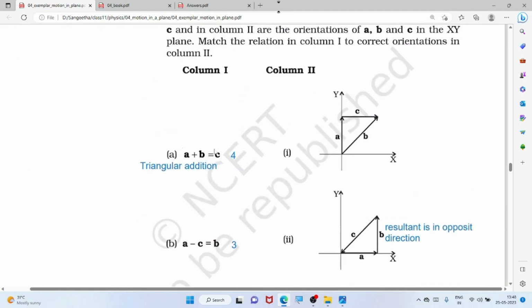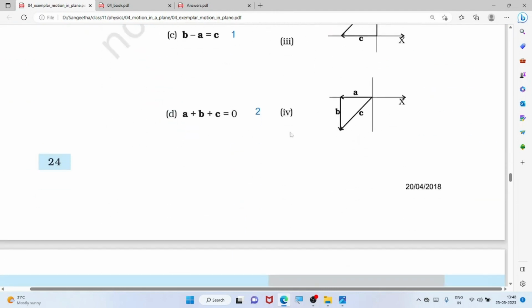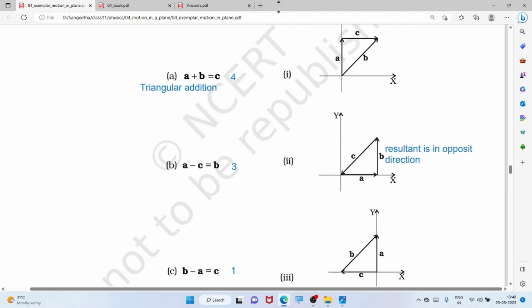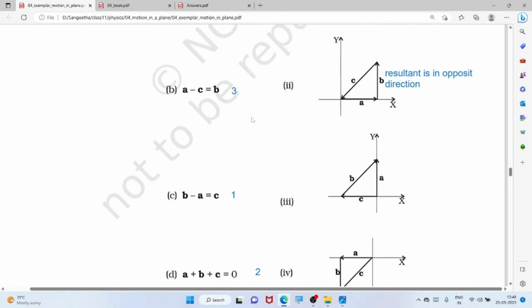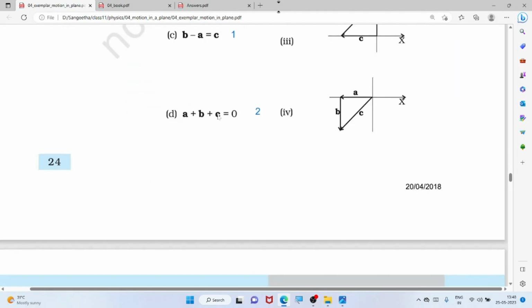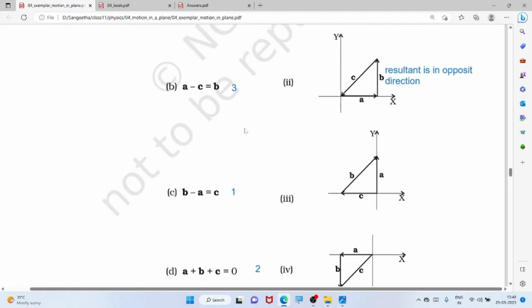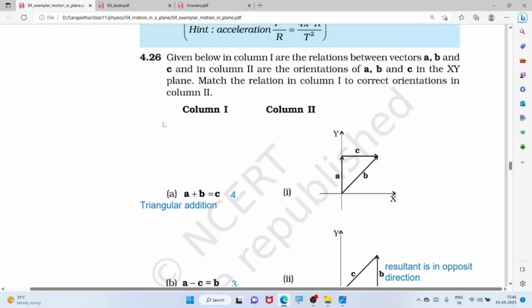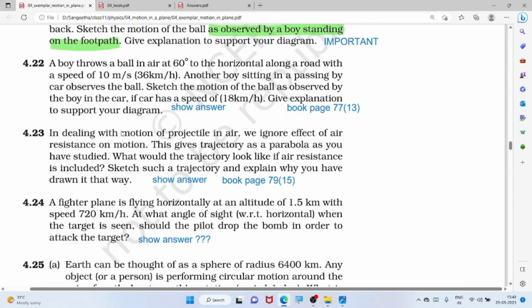See how A plus B equals C. A plus B plus C equals 0 is also given. So see this, second, because this is coming in the opposite direction, the resultant vector is in the opposite direction. A plus B actually has to go from here, but it is coming this way. So you can go through these different vectors.